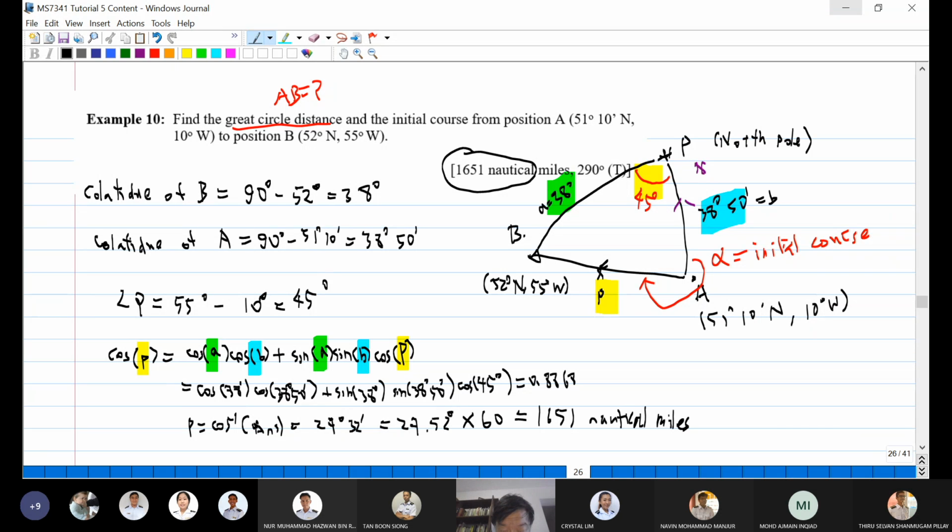So this time P is 27 degrees 32 minutes.